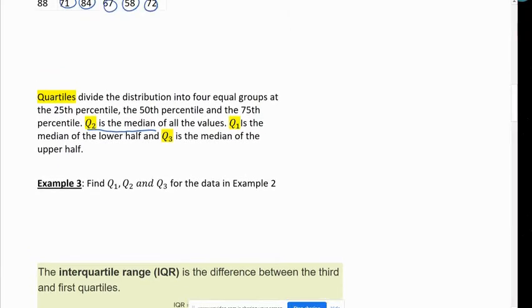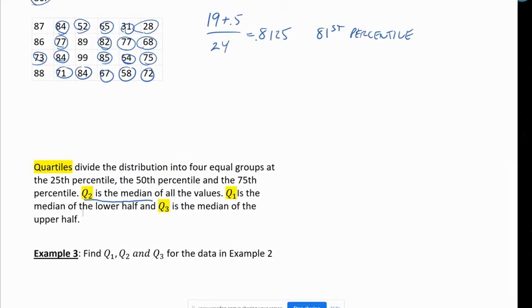Okay, so if we go back to the data that we just looked at in example 2, if we put those in order, we'll do that over here in the margin.